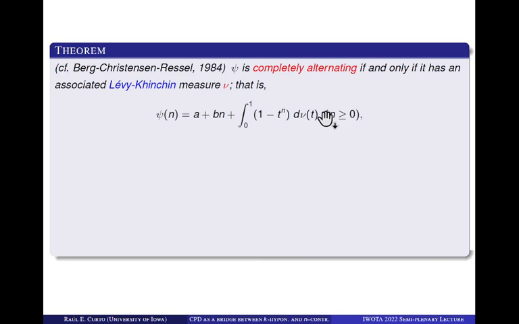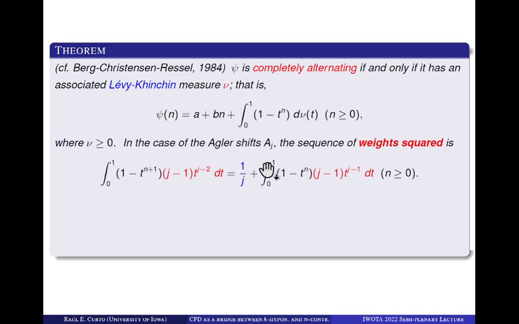Now, they also prove that psi is completely alternating if and only if it has an associated Lévy-Khinchin measure, which is described here. This is similar to the situation we have with the Berger measures, but with an affine term at the beginning. In the case of the Agler shifts, the sequence of weights squared is here.